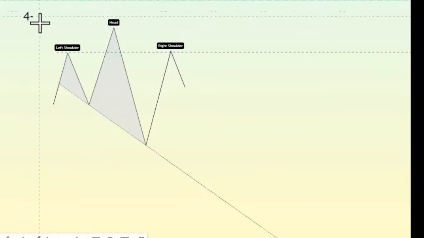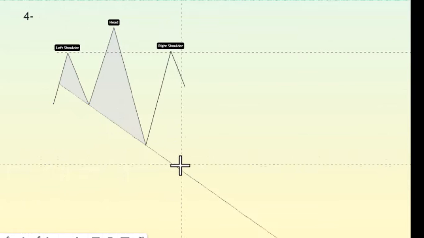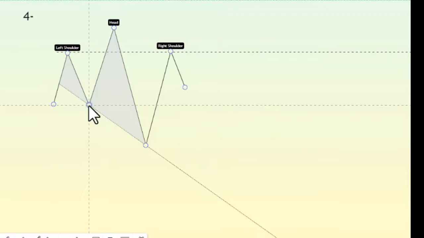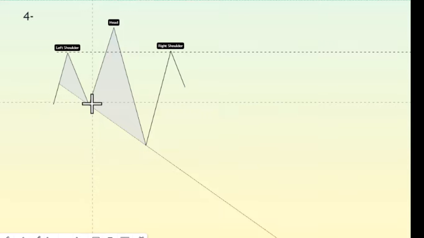For the fourth type, we have a sloping again, but this sloping is different from the third type. It's negative. The last sloping was between 50 and 45 degrees, but this is negative. And to enter this position, we can wait until this area where the left shoulder made a break down.